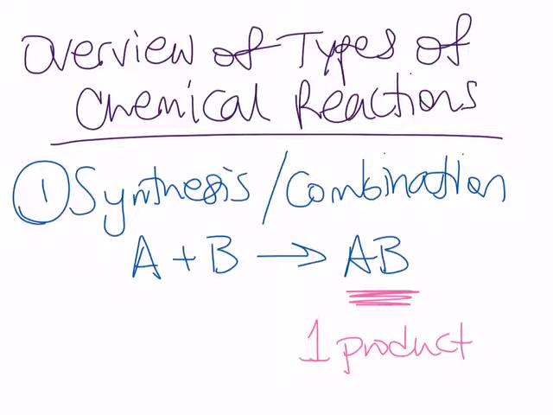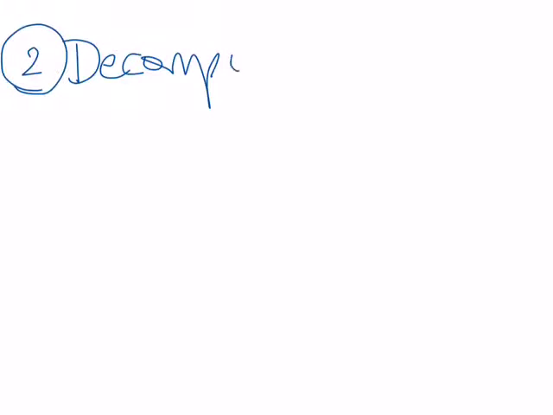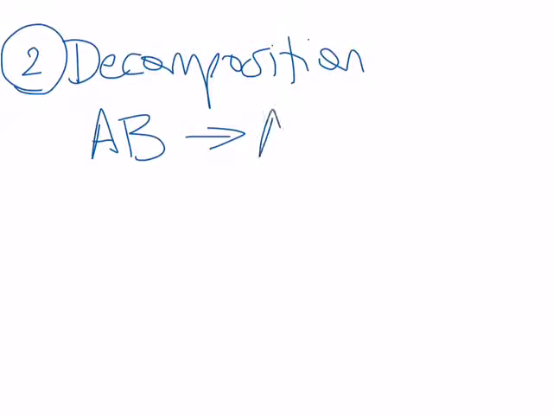Okay, decomposition is our second type of reaction. A decomposition reaction is sort of the opposite of a synthesis reaction. This time you're going to be starting with one more complex substance, and you're going to be breaking it down into two or more simpler substances.